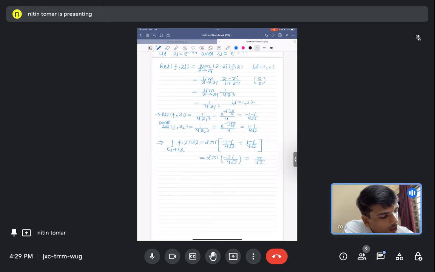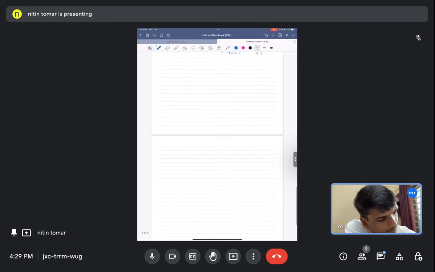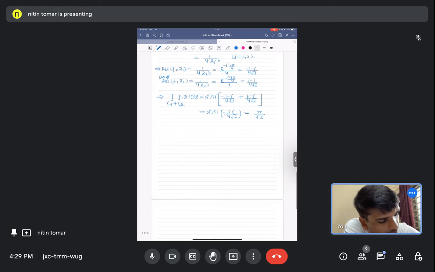Now this is for all R, right? If you consider this integral, what is this? This is the integral over C1 of fz dz, plus the integral over CR.